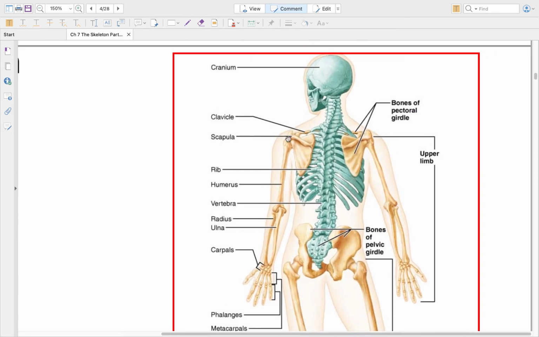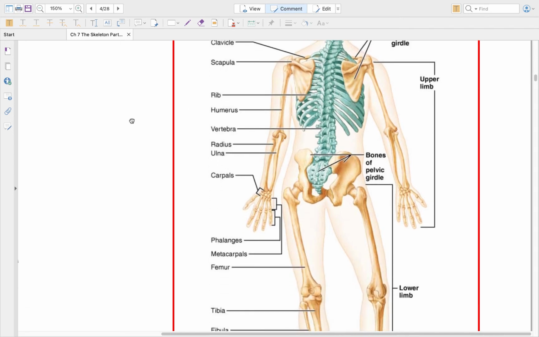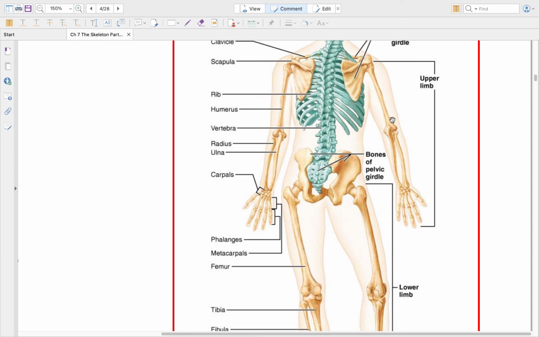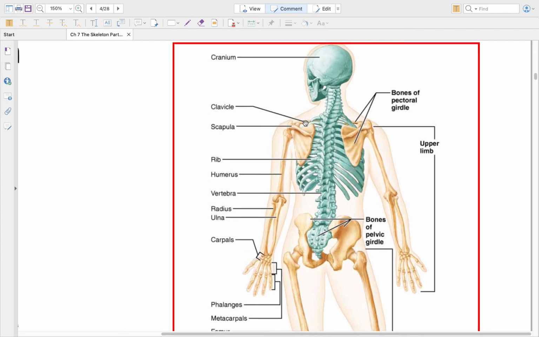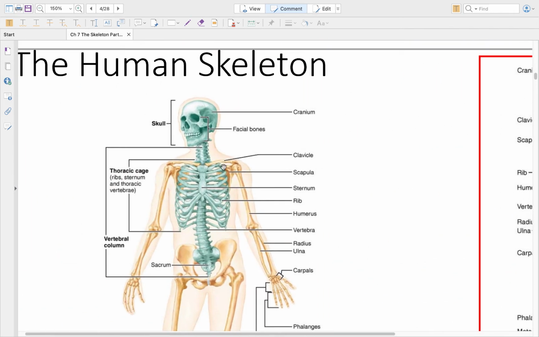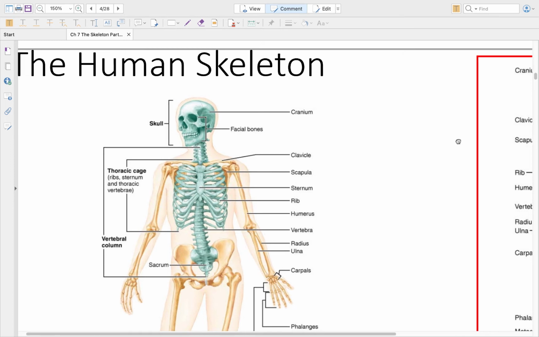All right, so we have our scapula, which is your shoulder blade. Okay, has your upper arm, which is the humerus. Has your forearm, which is two bones, the radius and the ulna. Your carpals, metacarpals, phalanges. And then, of course, your collarbone, the clavicle, which is seen better in this picture.